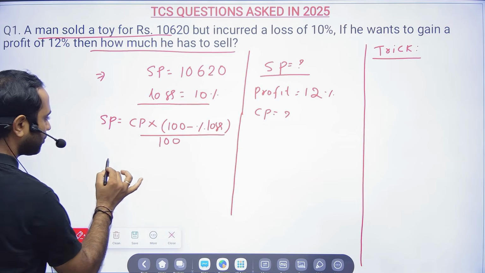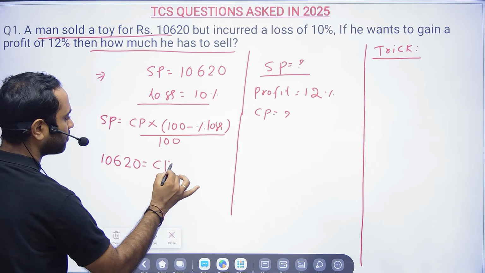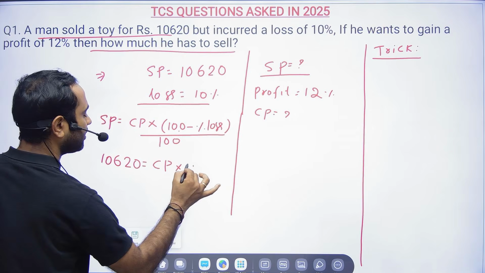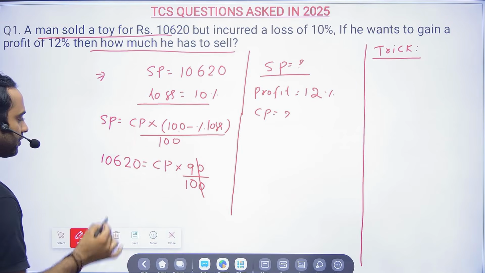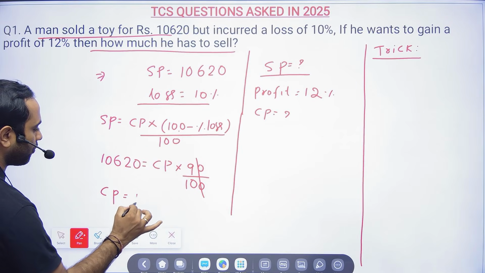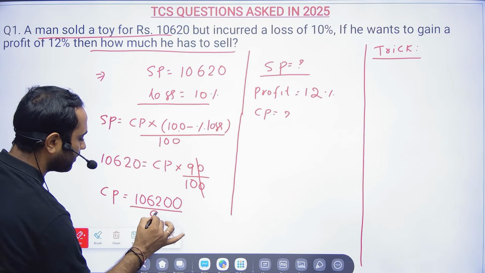So 10,620 will be equal to cost price into 100 minus 10, that is 90, divided by 100. The 10s cancel, so cost price will be 10620 with one more 0, divided by 9.